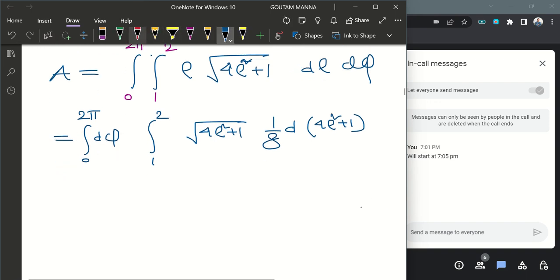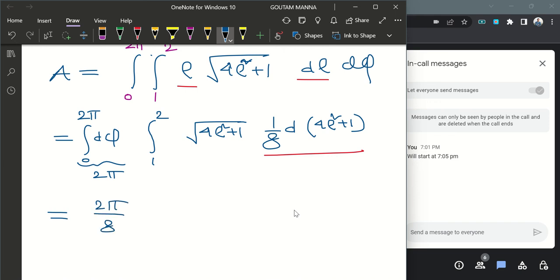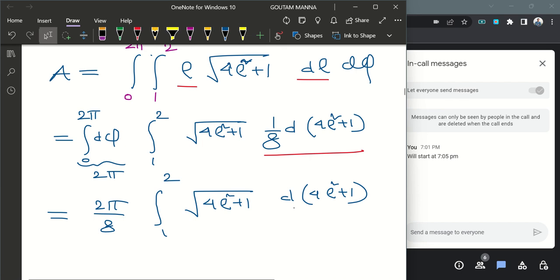So we are basically writing this in place of this, and this integration is 2 pi. So we have 2 pi by 8 times the integration from 1 to 2 of root under 4 rho square plus 1 d of 4 rho square plus 1.